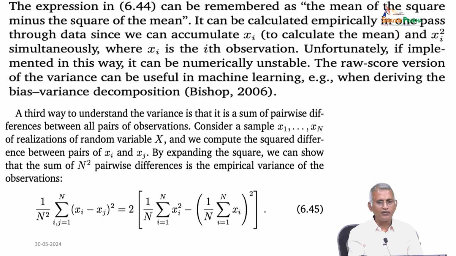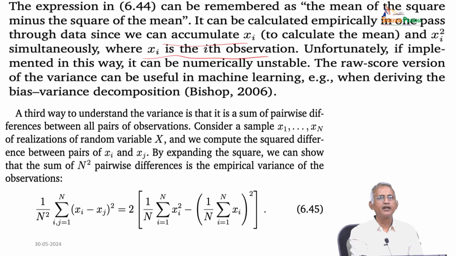The expression in equation 44 can be remembered as the mean of the square minus the square of the mean. Literally, you can keep it in mind: the mean of the square minus the square of the mean gives the variance of X. It can be calculated empirically in one pass through the data, since we can accumulate x_i and x_i square simultaneously, where x_i is the ith observation.